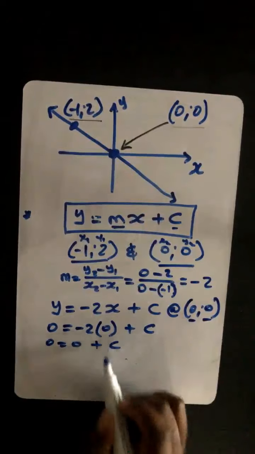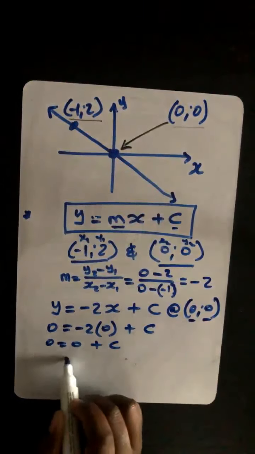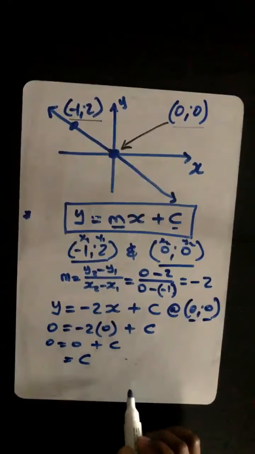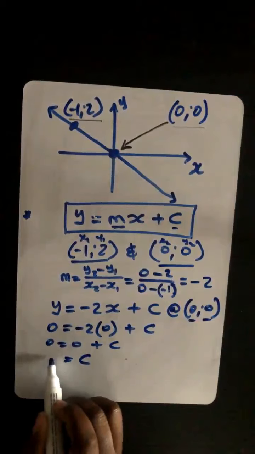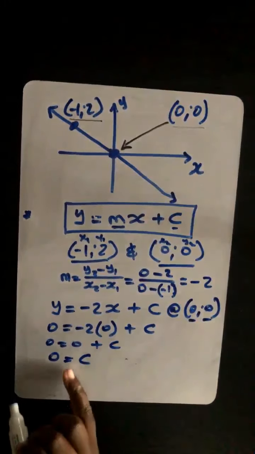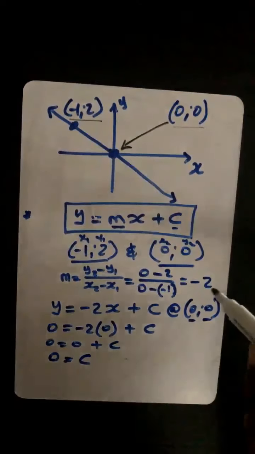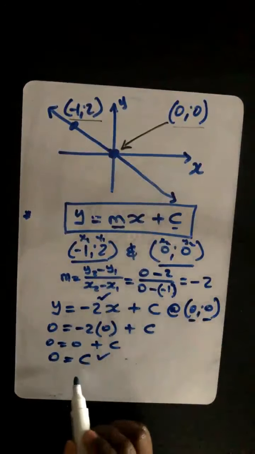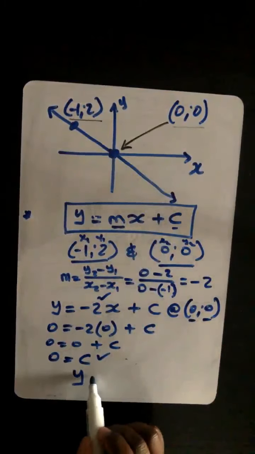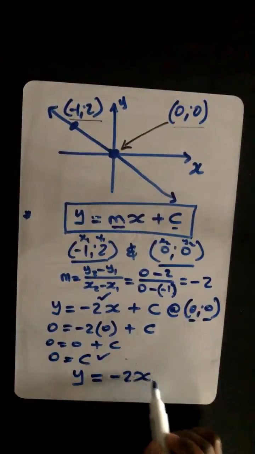Then you move everything to the other side so that on one side you just have c. So it's just 0 minus 0. What is it on a calculator? It's just 0. Now you've got your gradient and your c value, so you just write the general formula, which is y equals -2x plus 0.